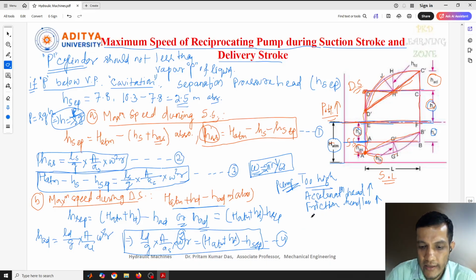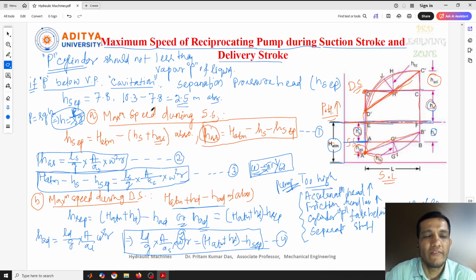So next we can write: cylinder pressure falls below the vapor pressure of the liquid. If this happens, then our cavitation or separation starts here.